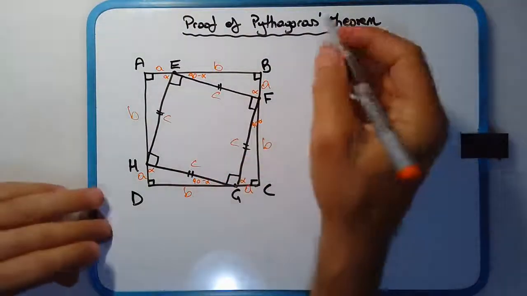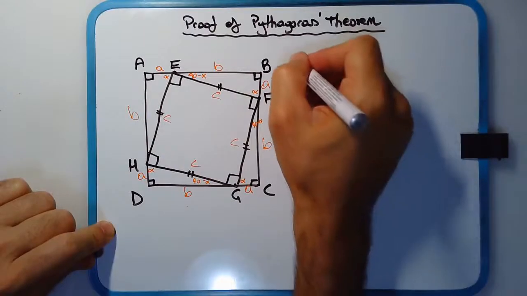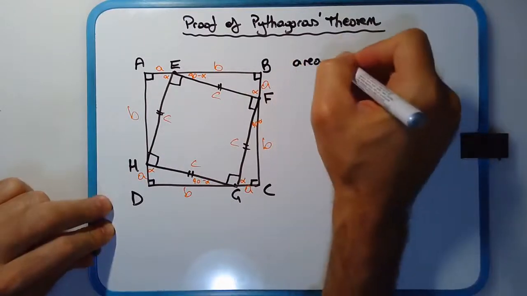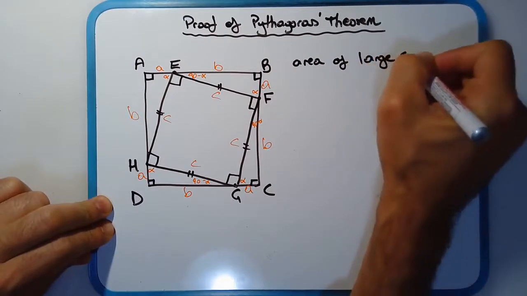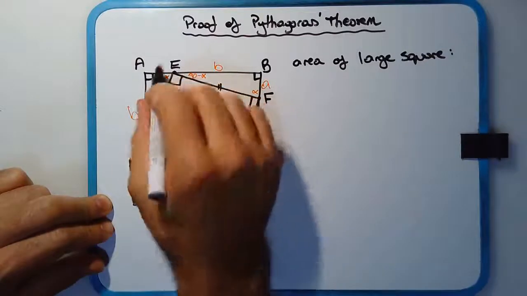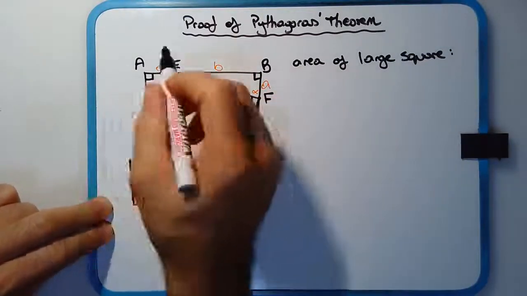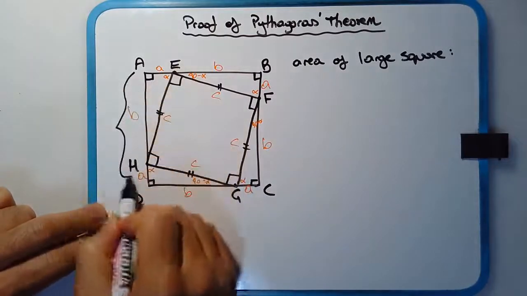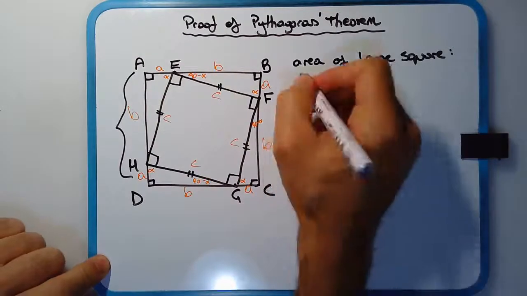Okay, so the area of the large square is just going to be a plus b, because that's the side. If you have a look at that side there, it's going to be side a plus side b.